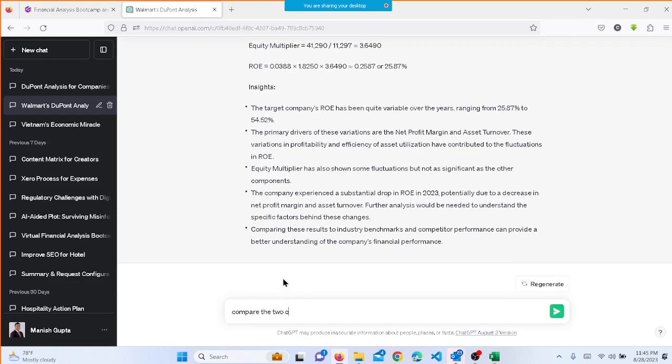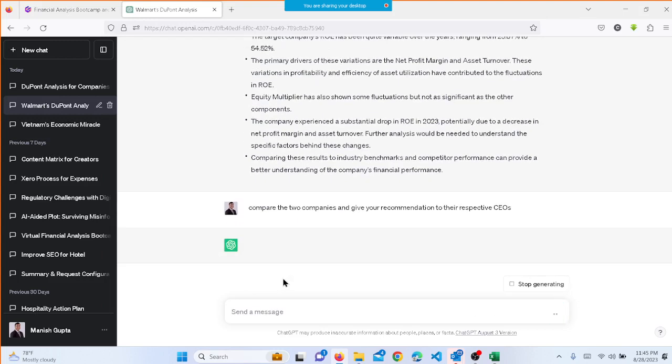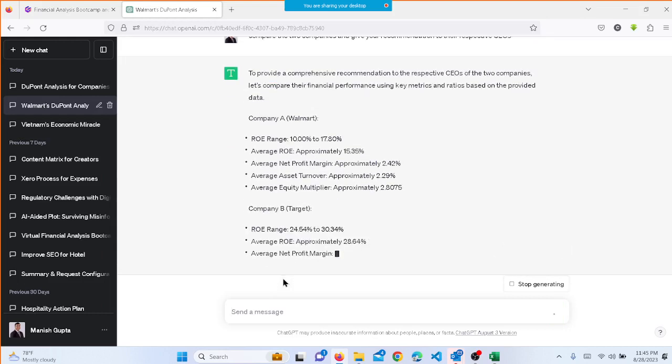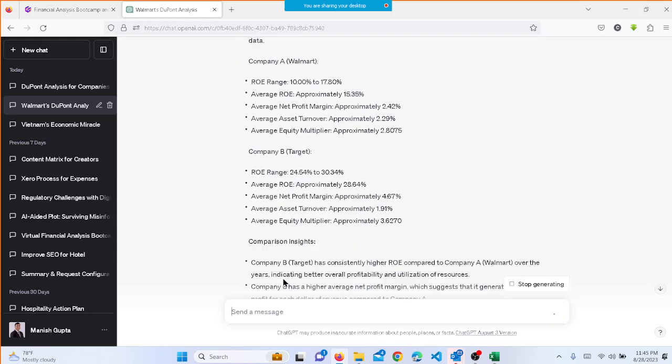Compare the companies and give your recommendations to their respective CEOs. So let's say you are a financial expert. You can easily compare Walmart and Target and then give your answer report.